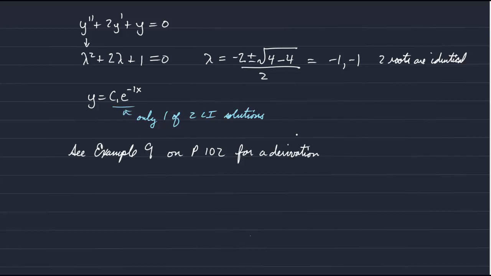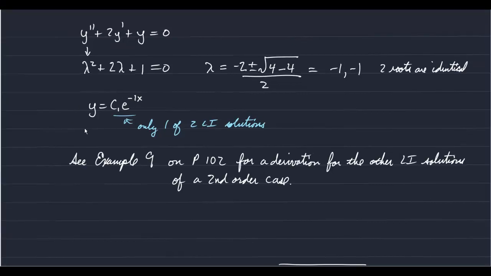It's a derivation for the other linearly independent solutions of a second order case. And for this case, it turns out that the general solution is y is equal to c1 e to the minus x plus c2 x e to the minus x.